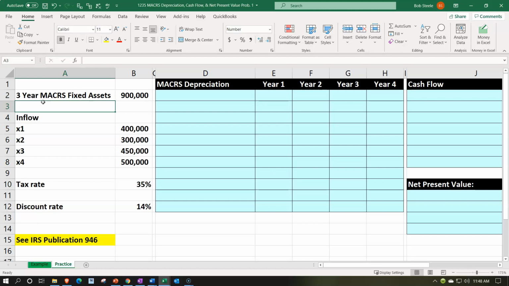We're just going to give an overview of the MACRS type of calculation here. So we're going to say that we're putting down the $900,000. It's going to be a 3-year MACRS type of asset. Again, remember you could have special depreciation 179 or special things that are applicable year to year, but here's the general rule for MACRS.